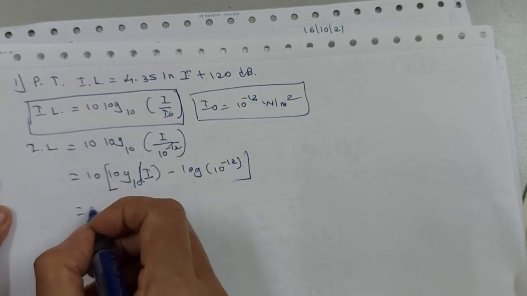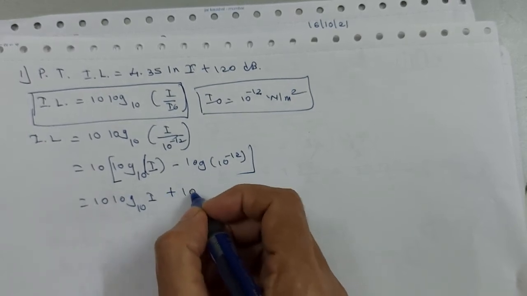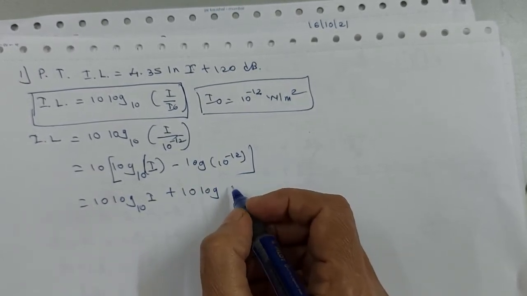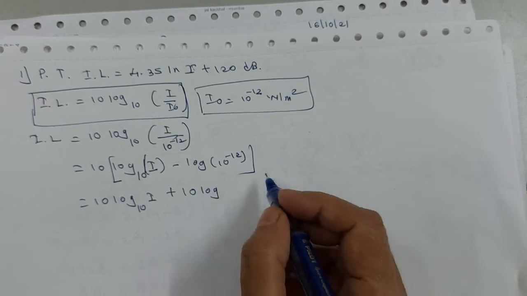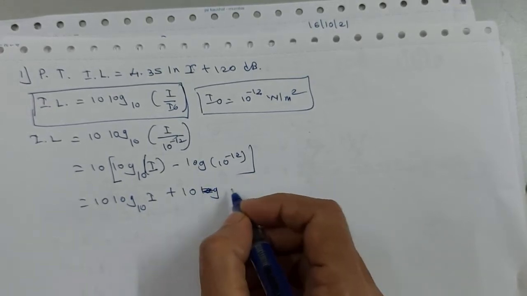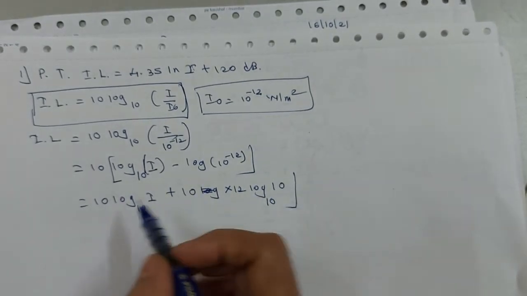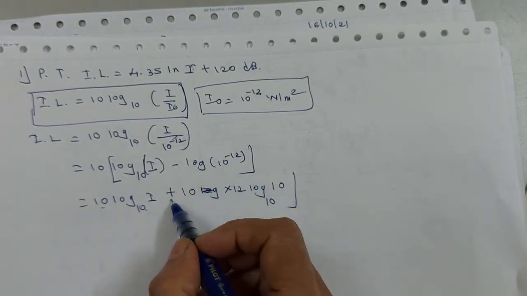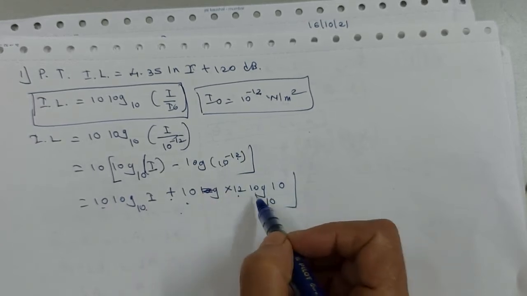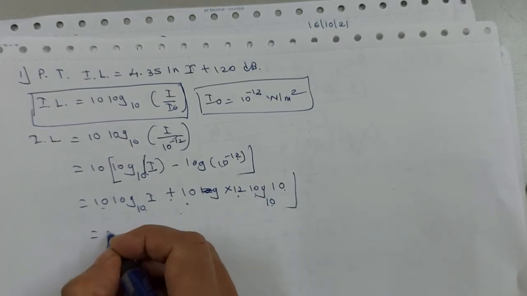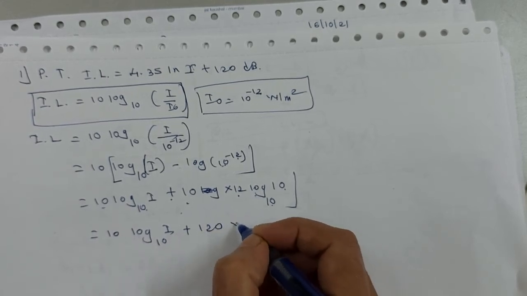So this will give me how much? 10 log of I plus 10 into 12 log of 10 to the base 10. This log 10 to the power minus 12 will become 12 log of 10 to the base 10, which is 1. So this will give me 10 log of I to the base 10 plus 120 into 1.